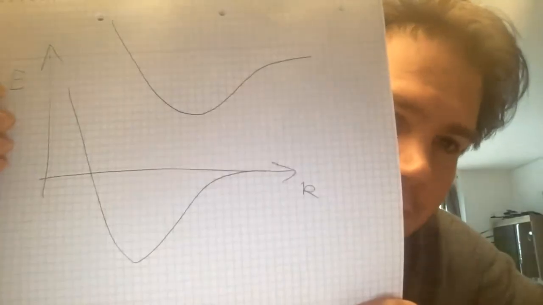And now I'm exciting the molecule into some electronically excited state. And I look at the electronic energy of this excited molecule as a function of the nuclear coordinates, so as a function of the internuclear distance in our diatomic molecule. It's going to look like this. For example, okay, we have a second potential energy surface.